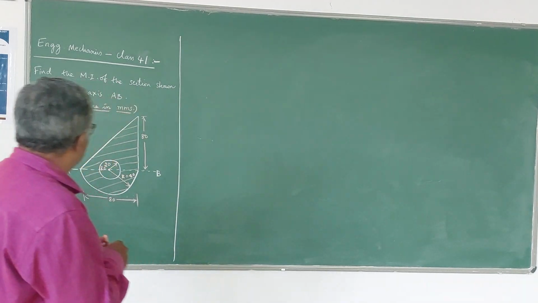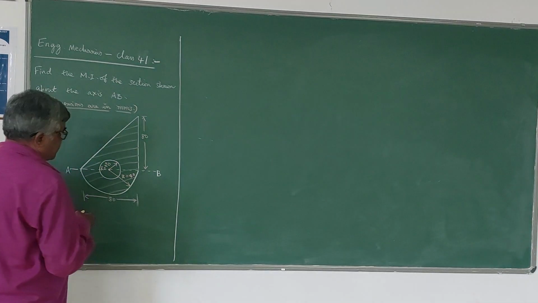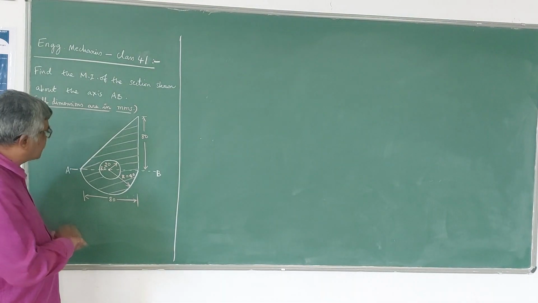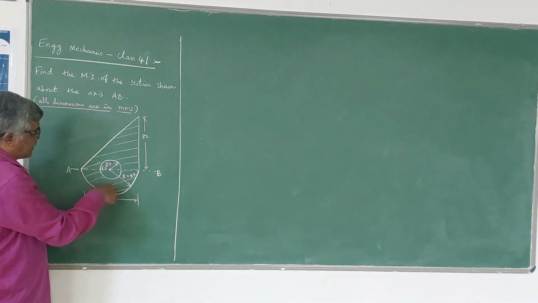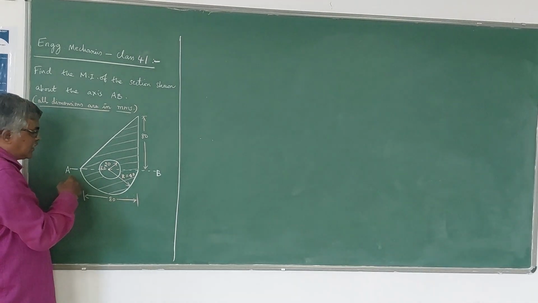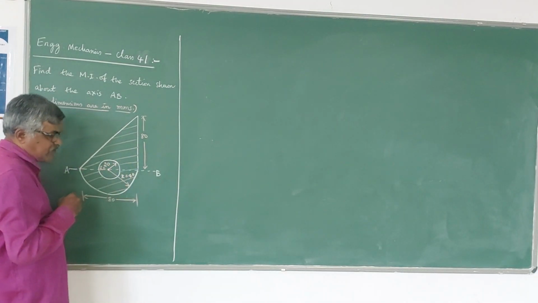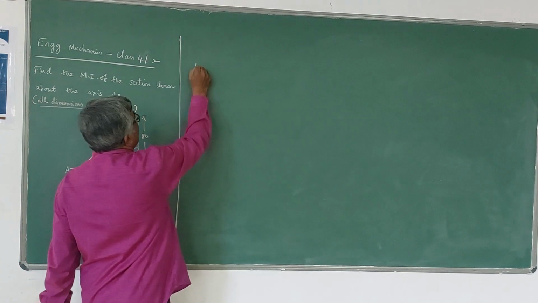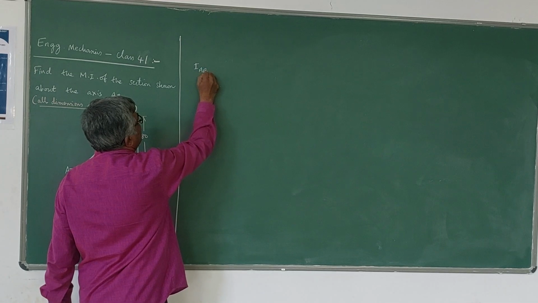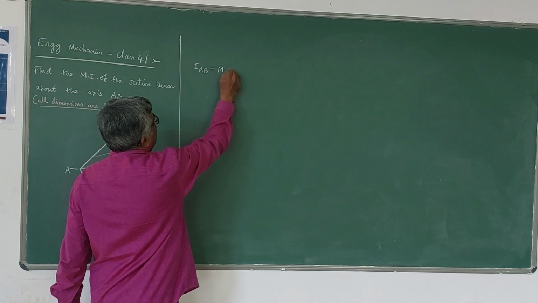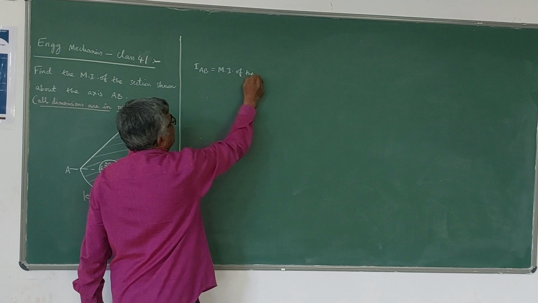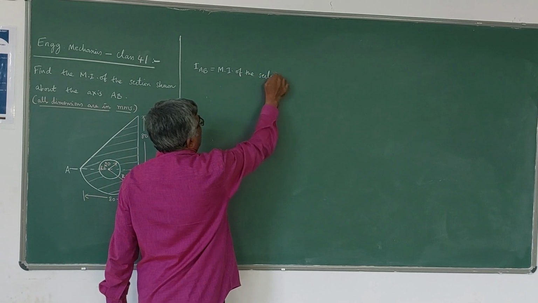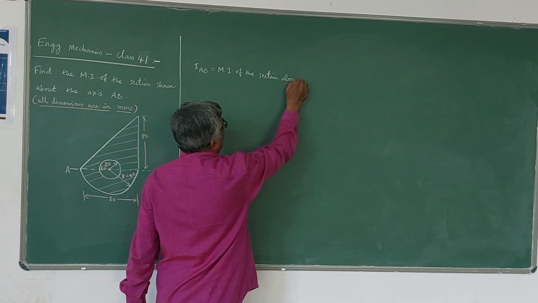So here let us write down the expression for the moment of inertia of this triangle, semicircle and circle about the axis AB itself. So I write here IAB. IAB is the moment of inertia of the section about axis AB.